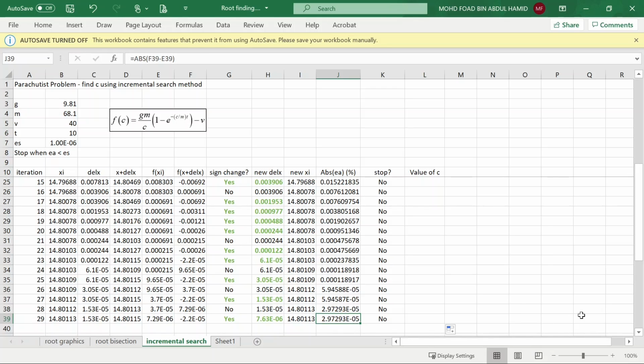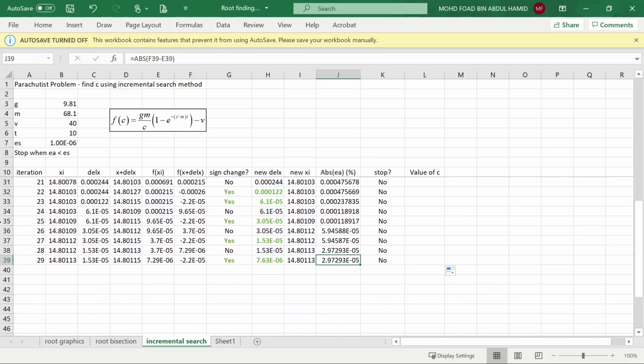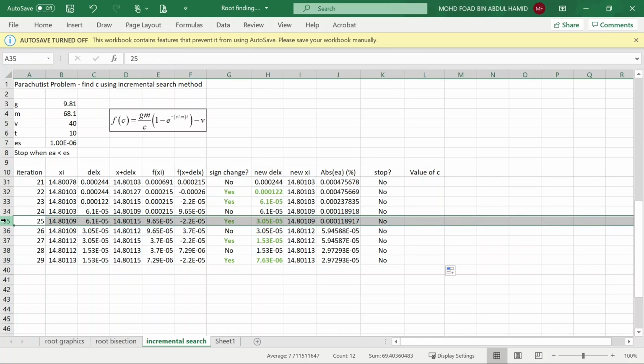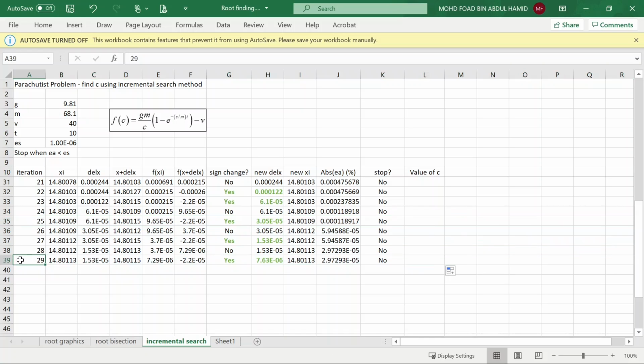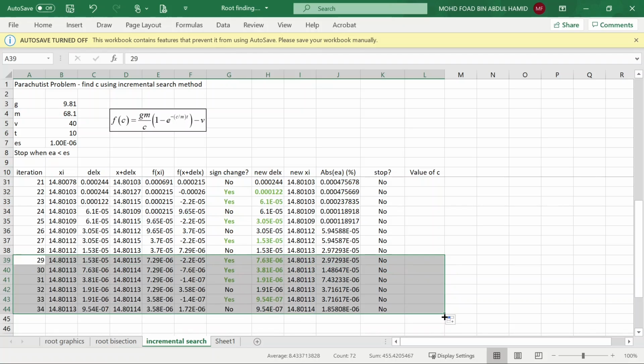By the way, it's already more than the bisection method, because when we were using bisection, the total number of iterations needed was only 25, but this has been more than 25. So let's go more and more calculation. Oh, still not. So after 34 iterations, still does not achieve the target.